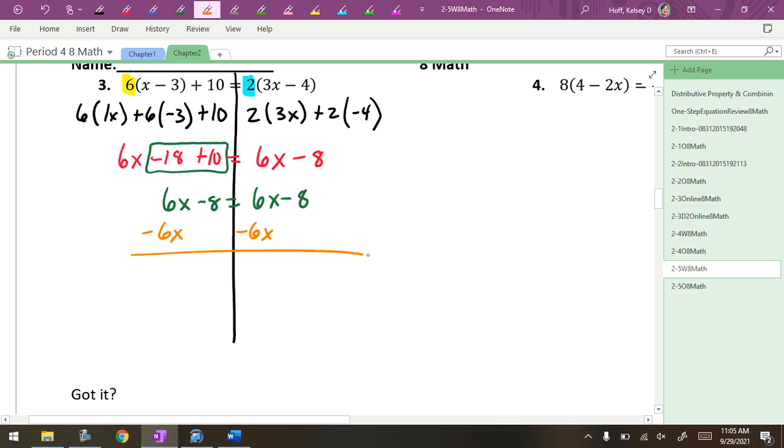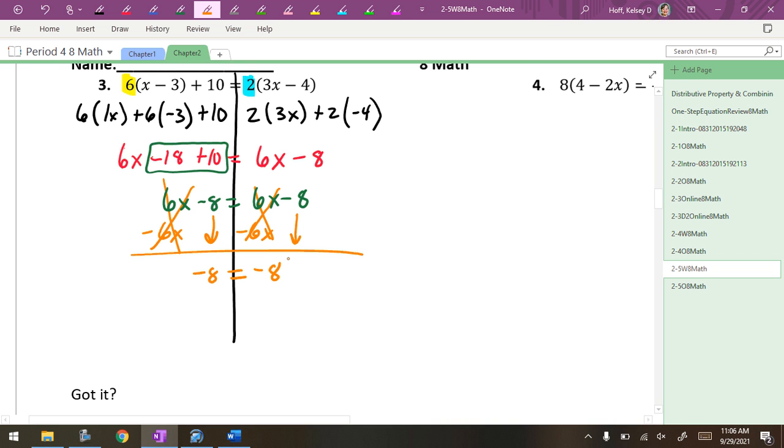What's left? Nothing. They cancel. What is remaining on the left-hand side? Negative 8. On the right, 6x minus 6x cancels. What do you drag down? Negative 8.